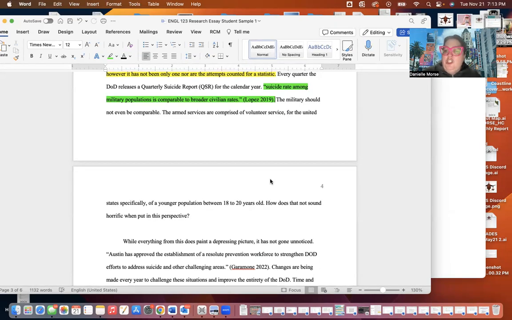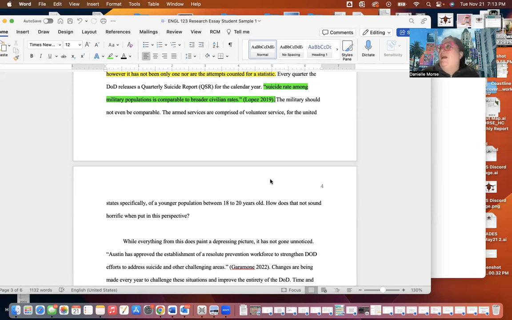The younger population, 18 to 20 years old, I don't understand why that's there, because I would say that the persons in the armed services, you can enlist.